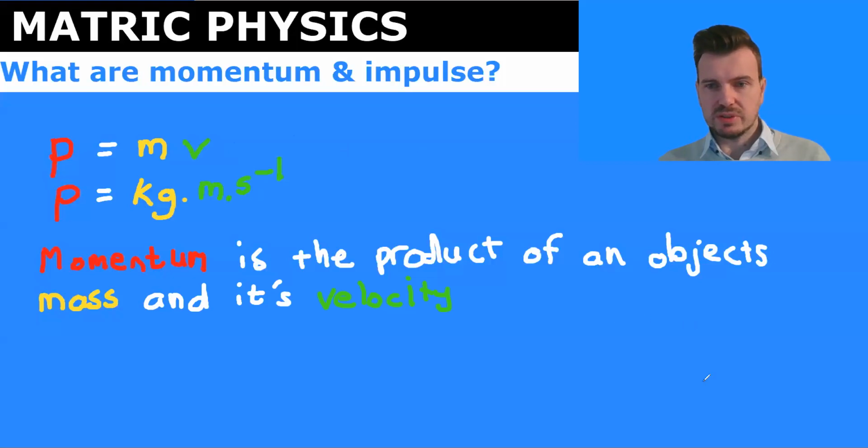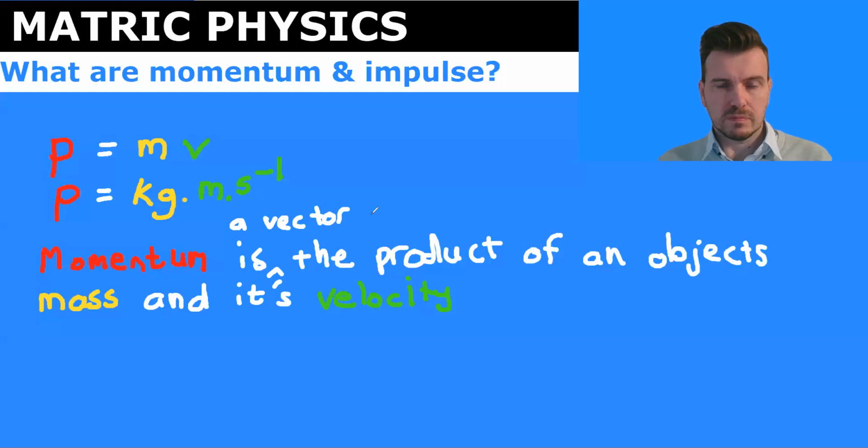So just to get the full marks, we'd say it is a vector quantity, is a vector.